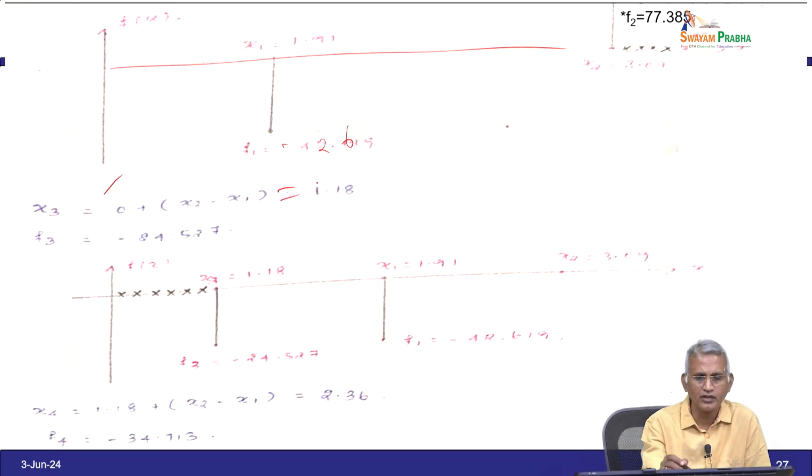So, the net value is 1.18 and substituting 1.18 in the given function, f of 1.18 equal to minus 24.527. Now, we have the values x3 is 1.18, x1 is 1.91 and x2 equal to 3.09.